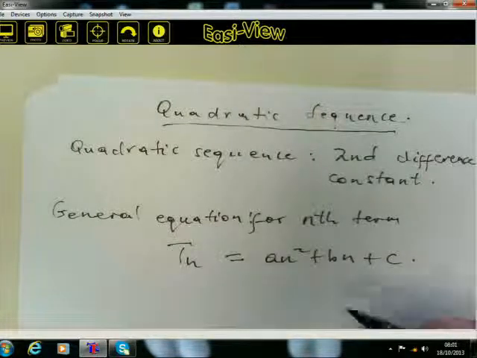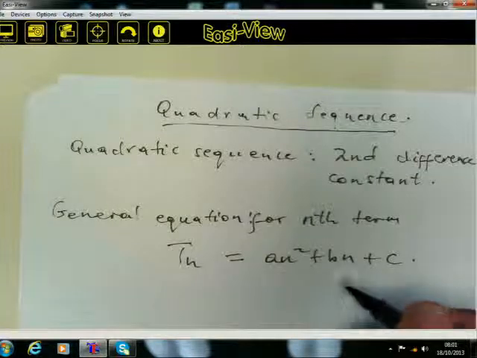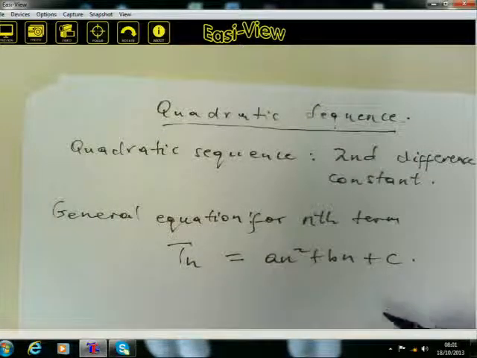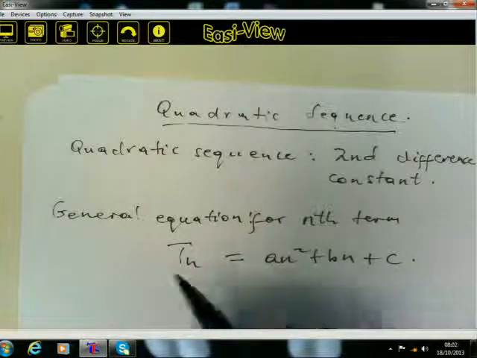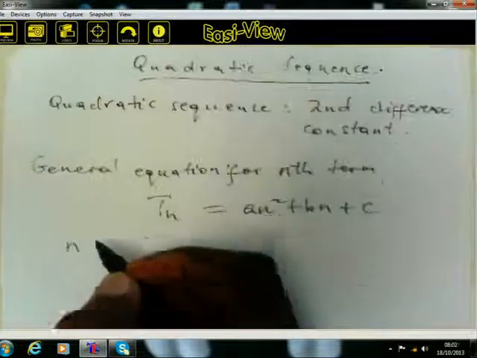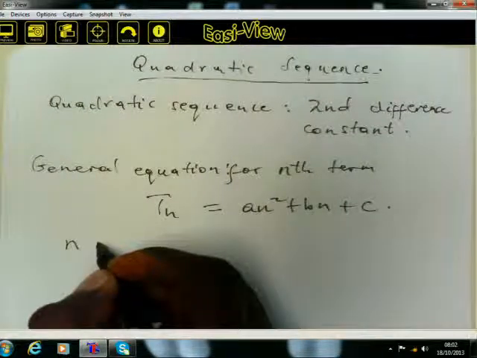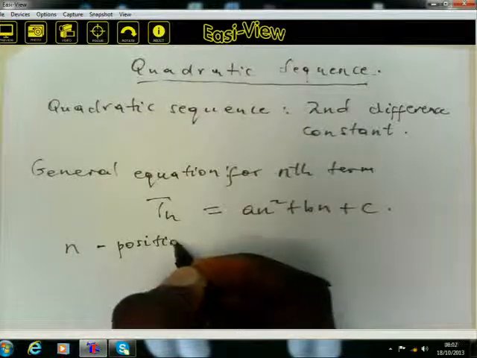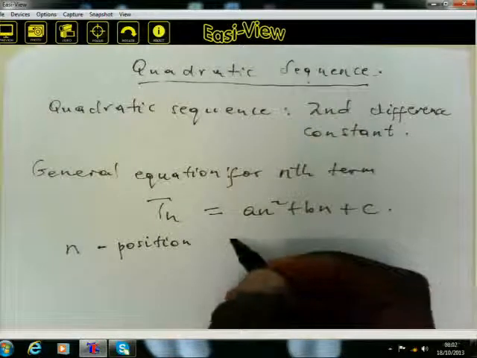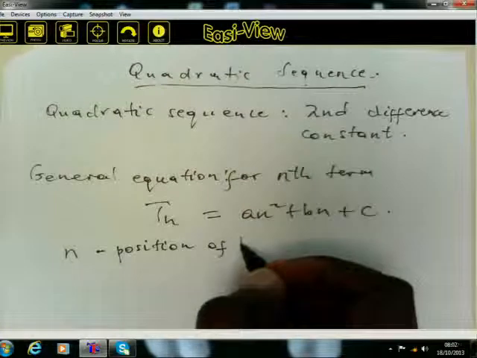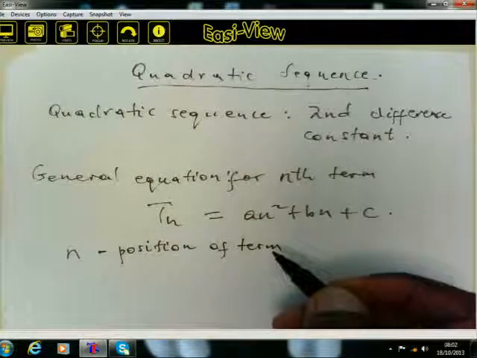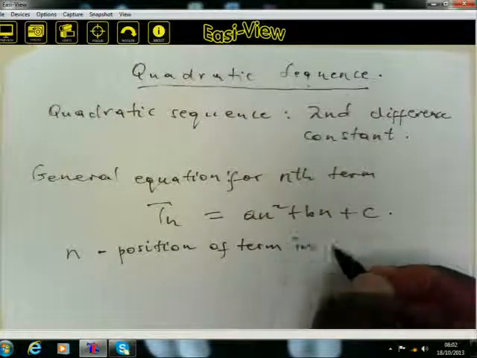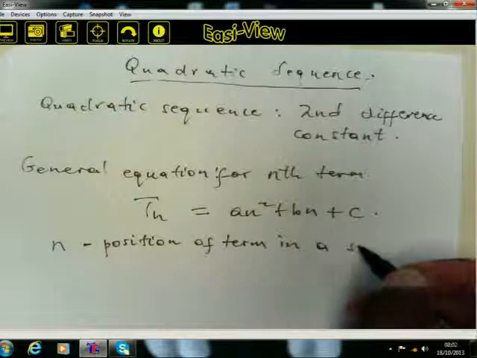Now, A, B, and C are constants. N stands for the position of the term in a sequence.